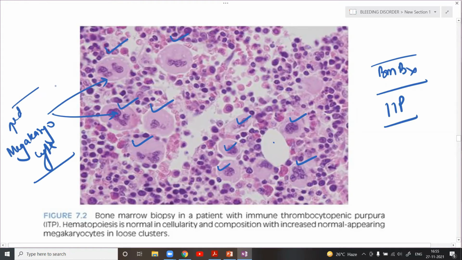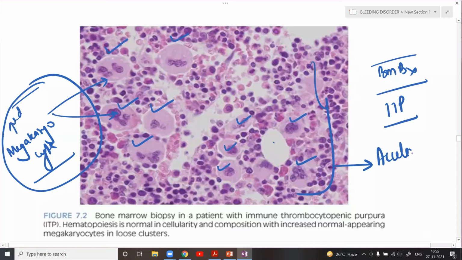Okay. So in case of a thrombocytopenia because of ITP, in the peripheral blood smear you are seeing giant platelets. There is a thrombocytopenia, but when you do a bone marrow study, you see that the number of megakaryocytes is more than normal. So what does it indicate? This excessive amount of megakaryocytes indicates excessive destruction of platelets. It indicates accelerated thrombopoiesis.